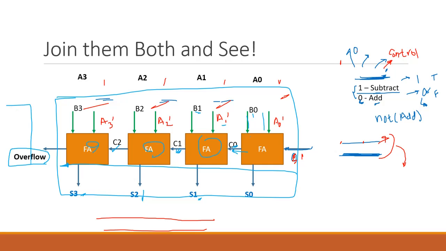This goes as the output from here and this goes into the input of the next block. So that means the next block has to wait for all these four adders to generate their carry out, and then only will it start to work on the inputs.